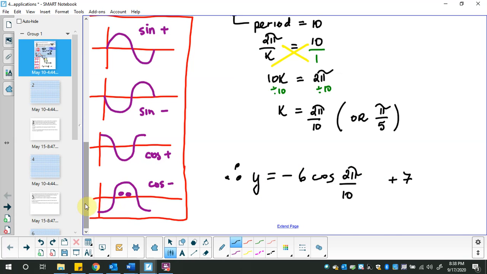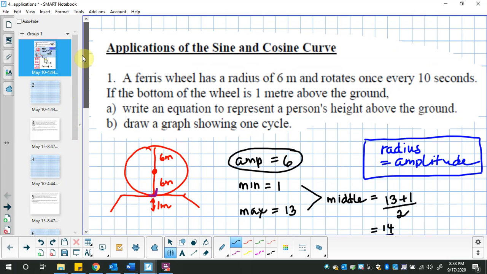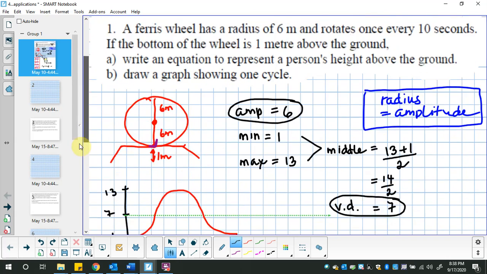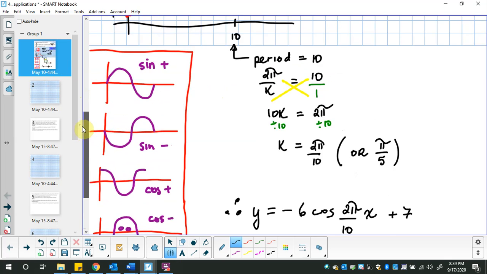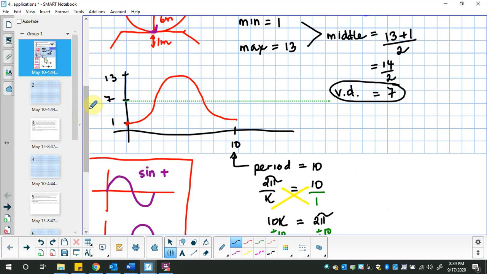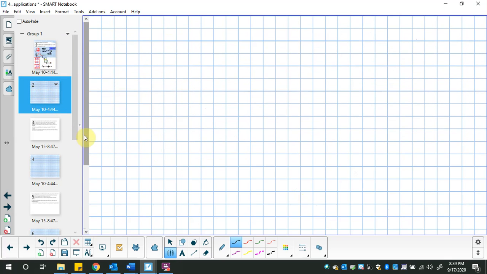And in this one, because we were given 10 seconds, I could put a T, but I'm going to stay as simple and as consistent as possible and put an X. So what I now need to do is I now need to take this little doodle right here, and I need to replicate it here, but neater.